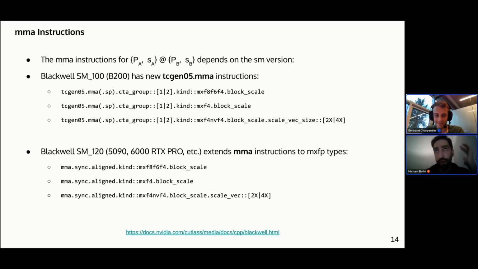Sorry, let me correct this: that works for MXF8 and MXF4. If you try to run MXF4, it will actually run simulated, and it will do FP16. If you try to run NVFP4, it will actually crash. But MXF8 and MXF4 run simulated, which is pretty slow. Okay, makes sense.